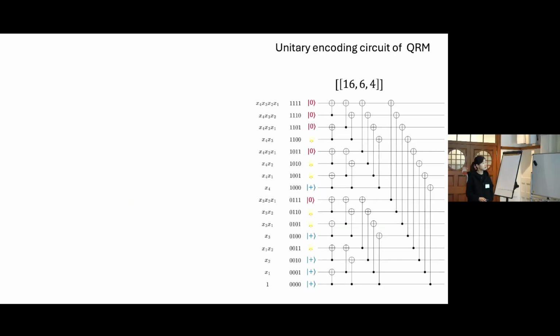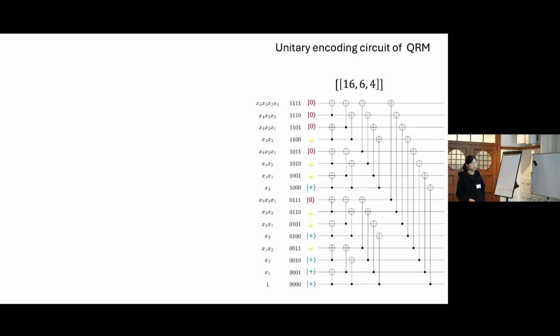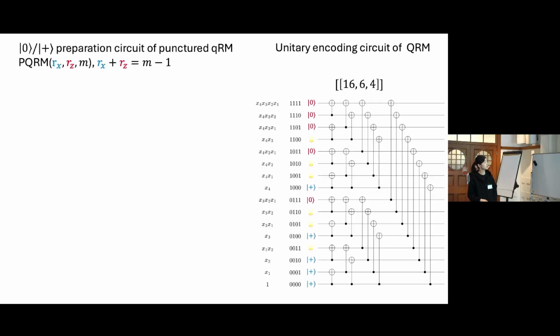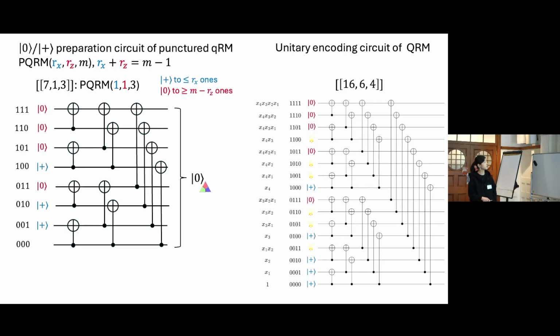So I just want to quickly comment on the implementation. All the codes I showed you before are not LDPC codes. So we need to do Steane error correction for them. And the basic building block is the unitary encoding circuit or state preparation circuit. For example, you can also do state preparation for this punctured QRM code by just removing this bottom row and all the associated gates.